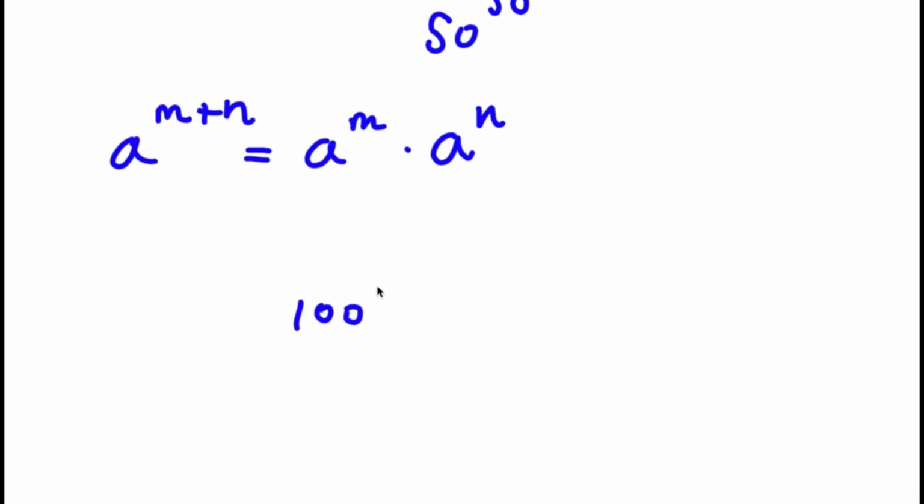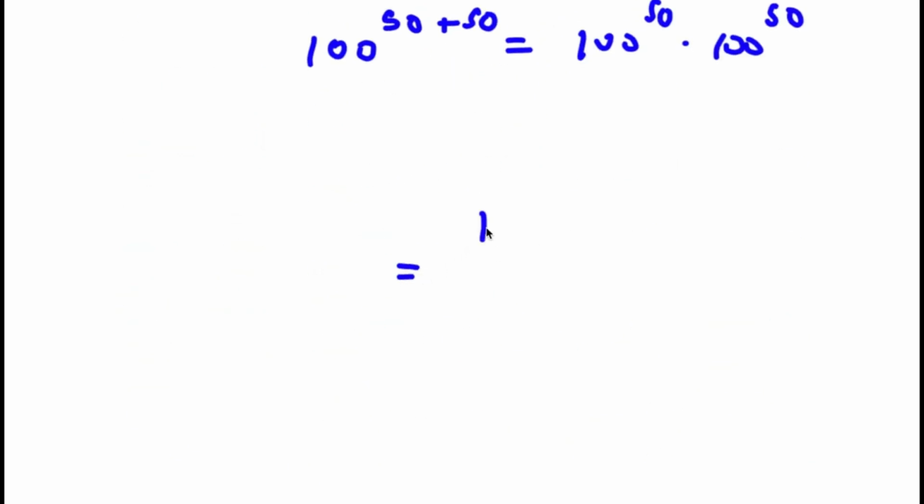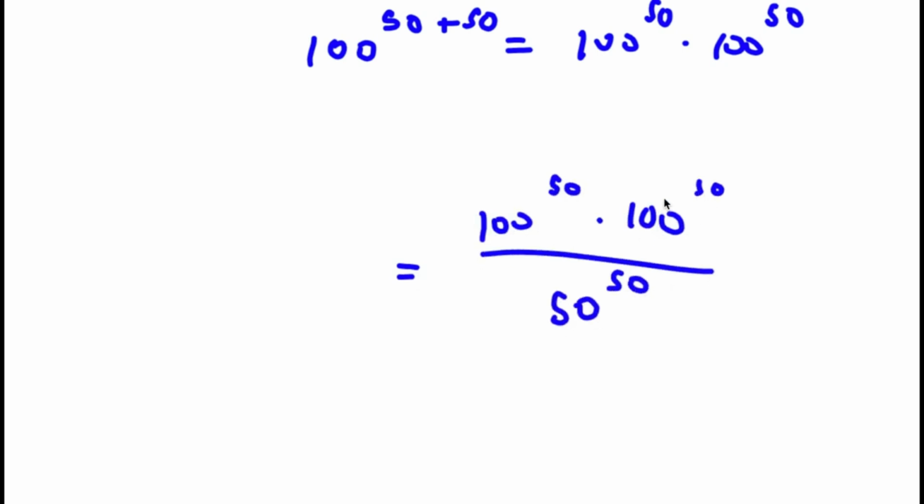So 100 to the power of 50 plus 50, this is going to equal a to the power of m, so 100 to the power of 50 times a to the power of n. And n is the same thing as m, so again, 100 to the power of 50. So now I have 100 to the power of 50 times 100 to the power of 50 over 50 to the power of 50.